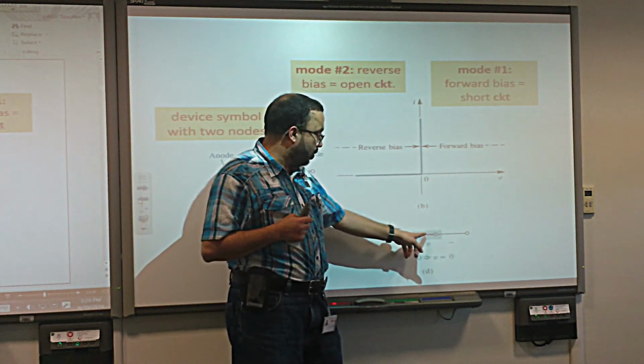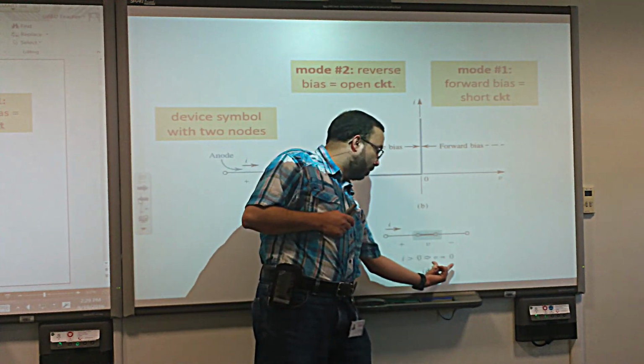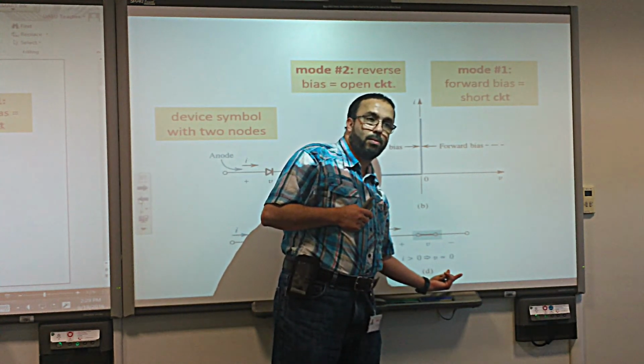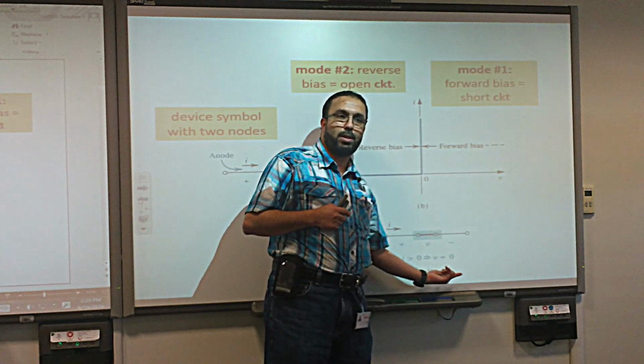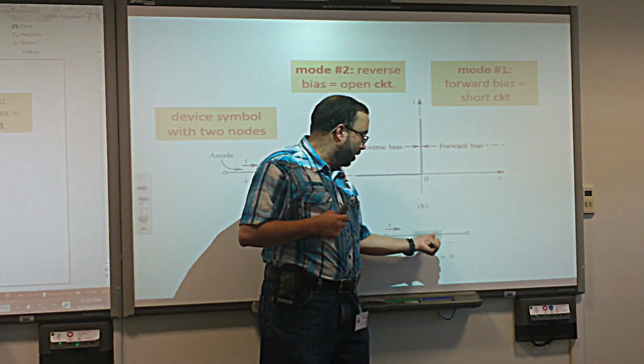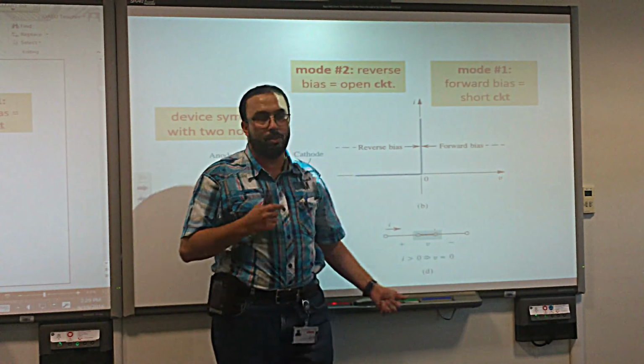Yes. If the resistance is equal to 0, times I will be equal to what? 0. That's why the voltage across a short circuit is always 0. Do you understand? Because the resistance of the short circuit is 0. If there was a resistance, we cannot say this. Right? We can never do that.